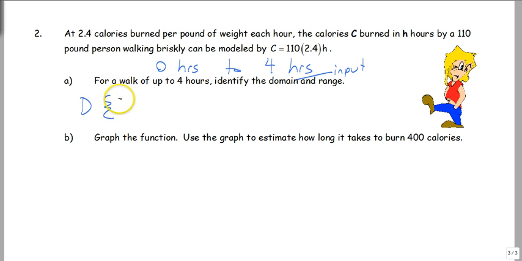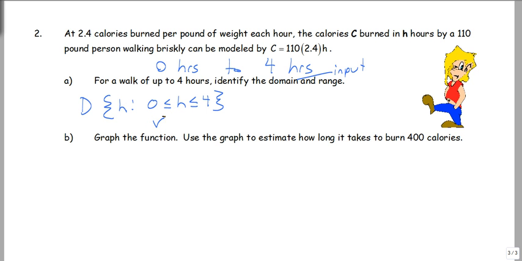I'm going to say it's all the H values such that H can be 0 to 4 hours. Okay, again, that's just some domain notation, but you don't have to, we'll get more into that notation later. If you just want to say 0 to 4 right now, that is fine, but this is how this notation is going to start looking.